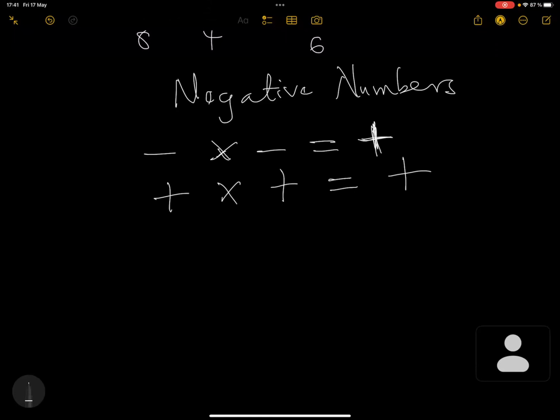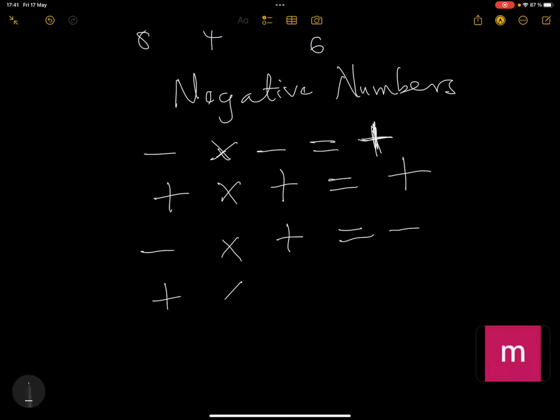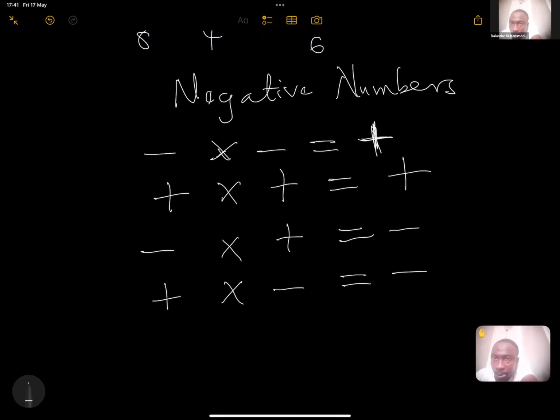But if you alternate between minus and plus, the answer will give you minus. Or you say plus times minus, the answer will still be minus. Can you see this now? Perfect. So minus times minus is plus. Plus times plus is plus. Minus times plus is minus. Then plus times minus is minus.